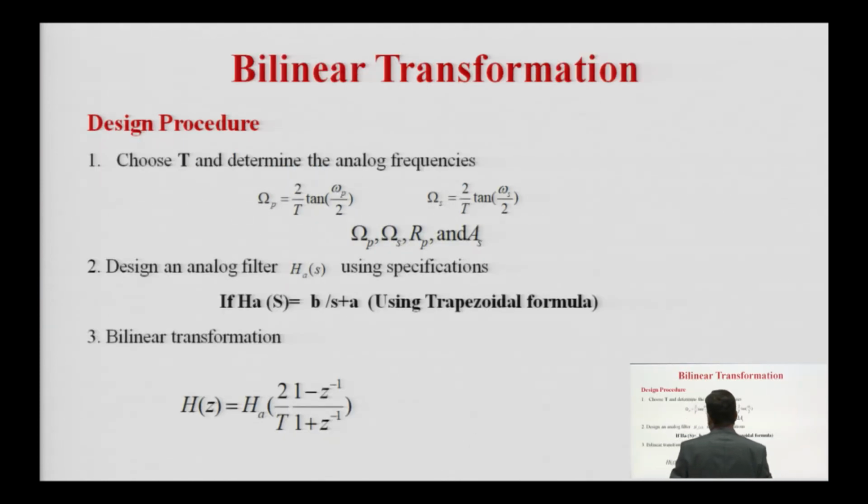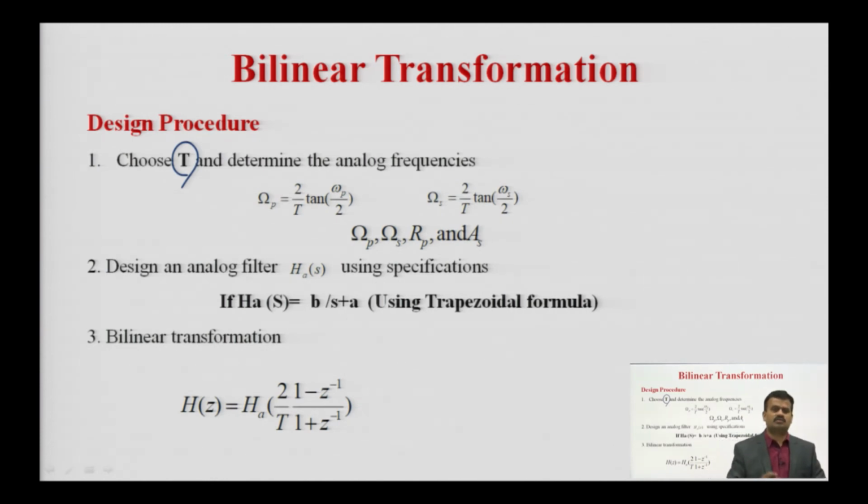So, this is the design procedure that you can see here. What it means here: at first choose T, select the T. T is your sampling time. This is very important in the case of different types of filter designing, because you are designing the filters here; the bilinear transformation method can be used for high pass filters and some types of band reject filters.